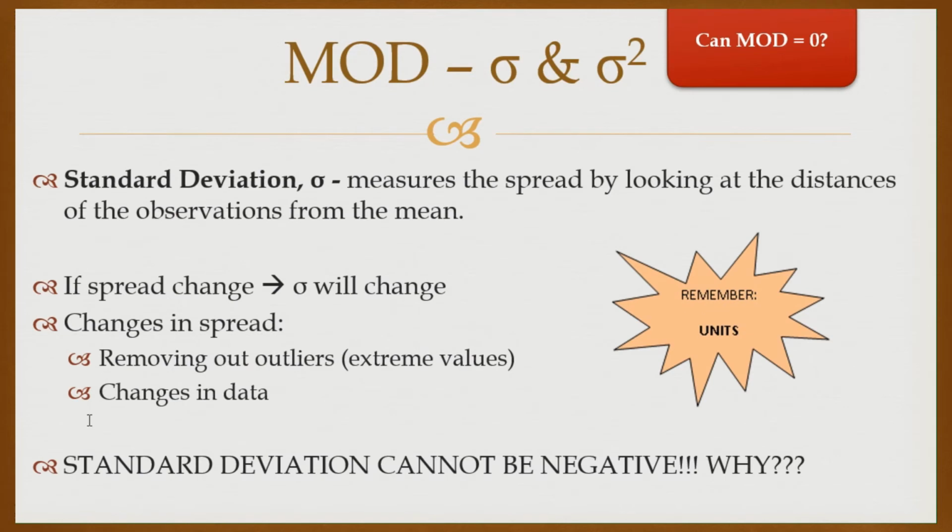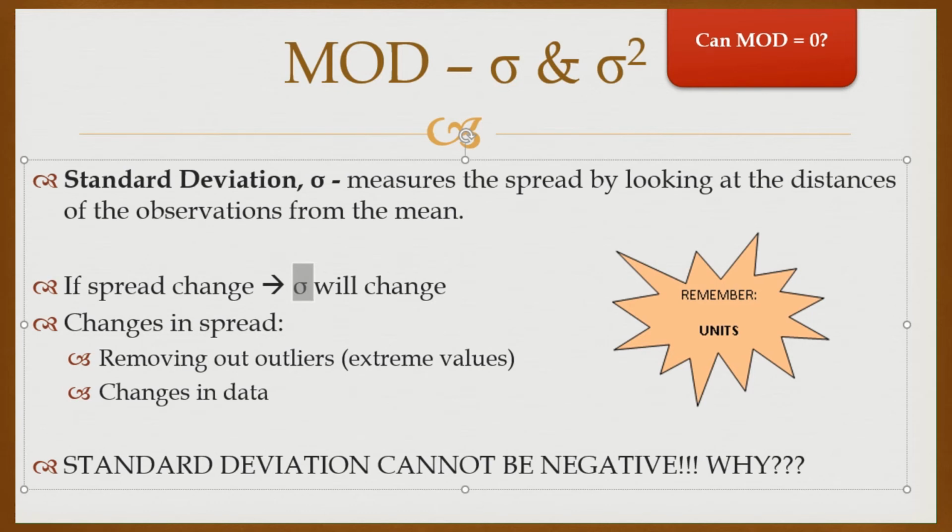Okay, so now let's take a look at this. Your measure of dispersion is looking at the spread of the data from the mean, like I told you. If the spread of the data changes, your standard deviation will also change. This is the last measure that we are going to learn, which is standard deviation, something that you have learned in school.